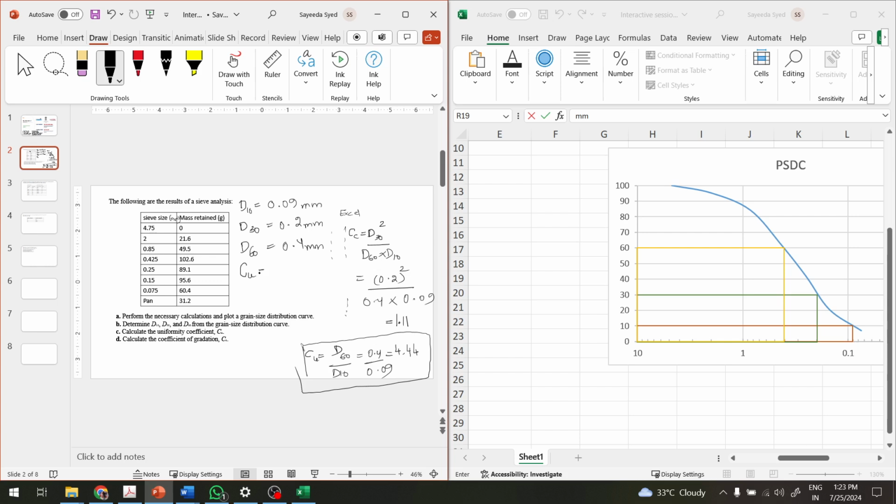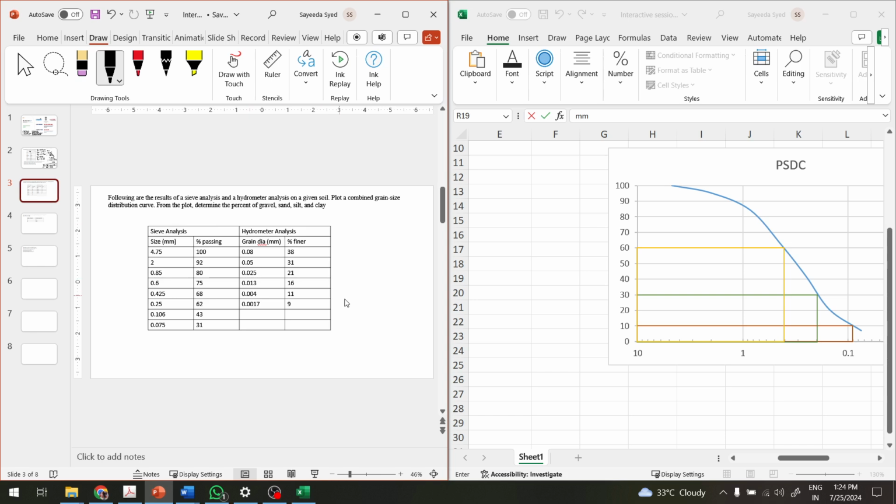Cu equals 4.44 and Cc equals 1.11. Okay, so that is our question number one. We've completed all the four parts. Now let's move on to the next question.